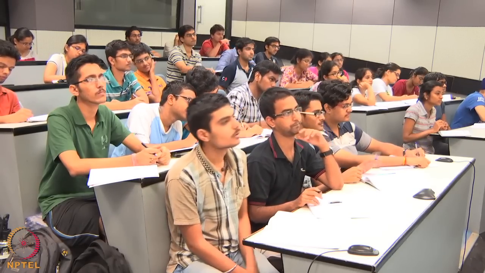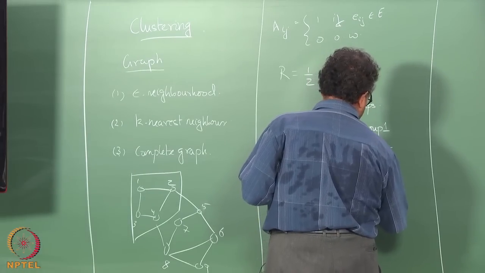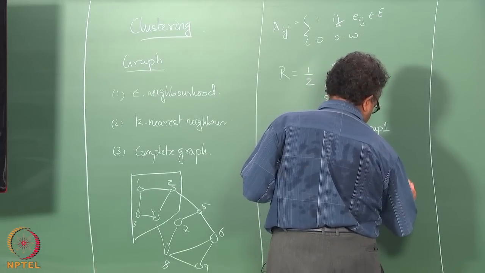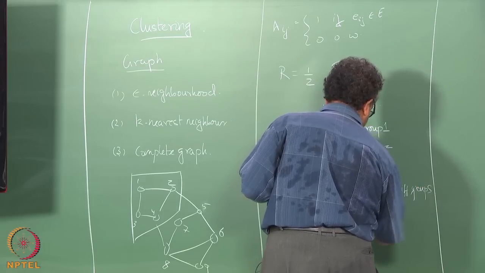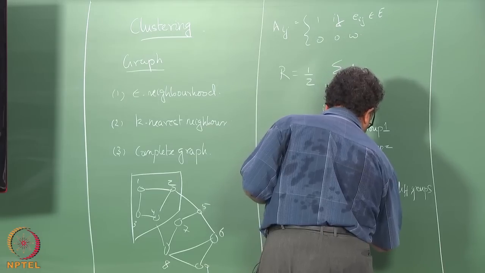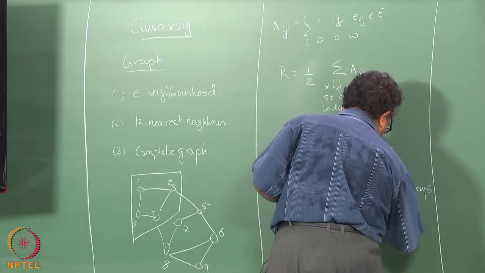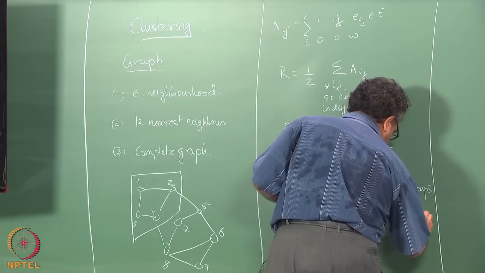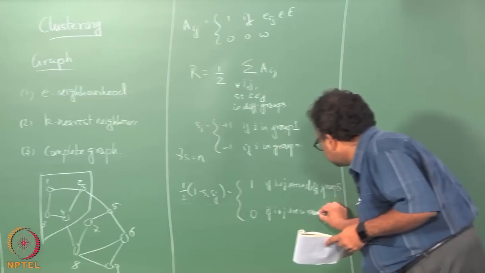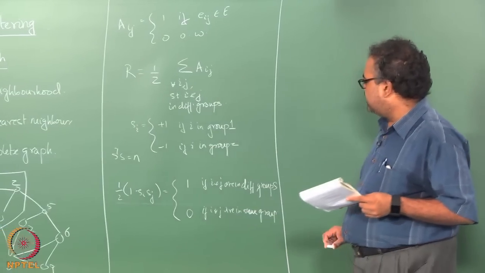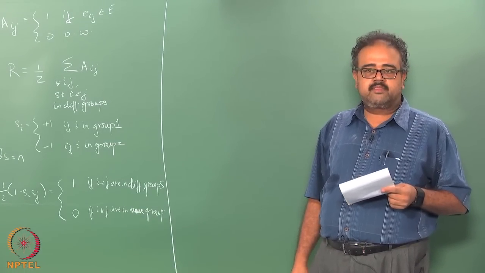So if i and j are in the same group, it will be 0. If they are in different groups, it will be 1, right. Is that clear?